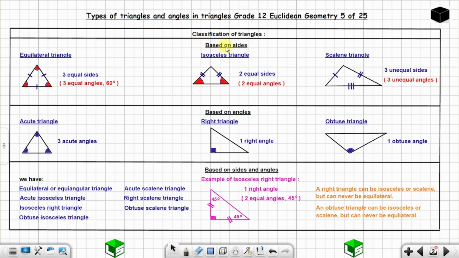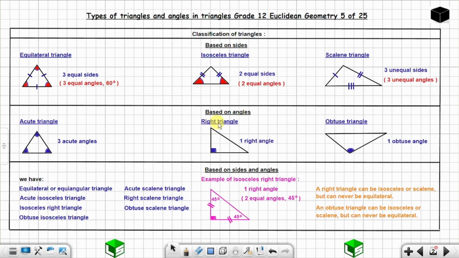Based on sides, we have three types. Now, based on angles, we have three types: acute triangle, right triangle, obtuse triangle. In an acute triangle, you have three acute angles. This is known as an acute triangle.